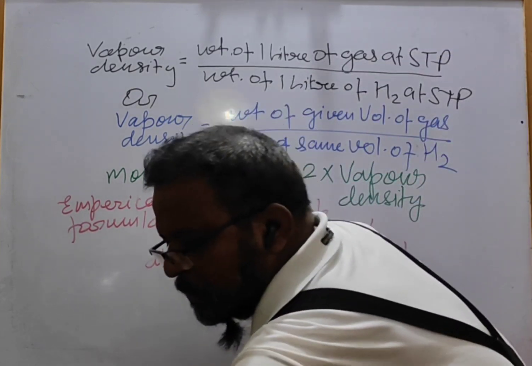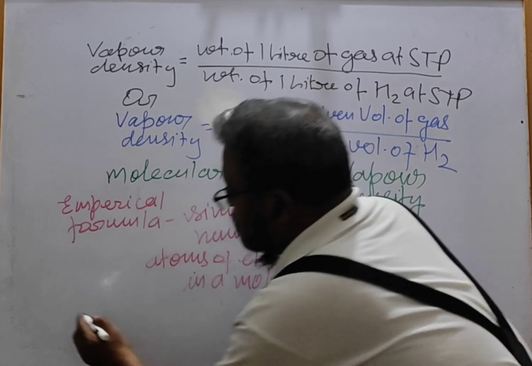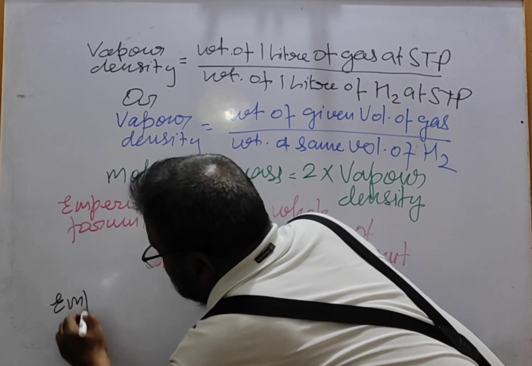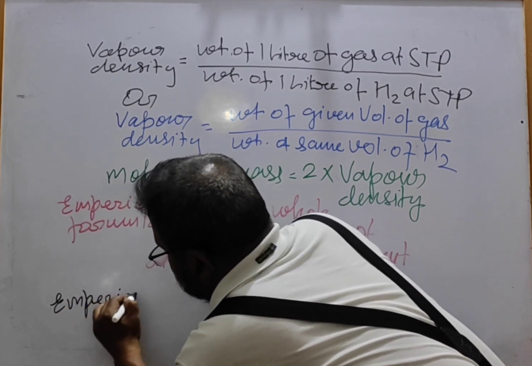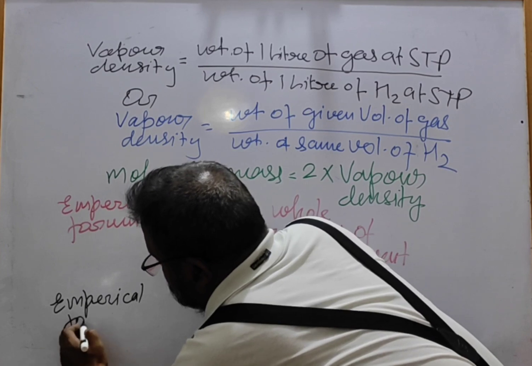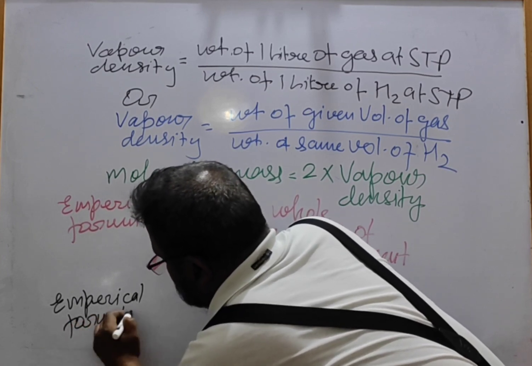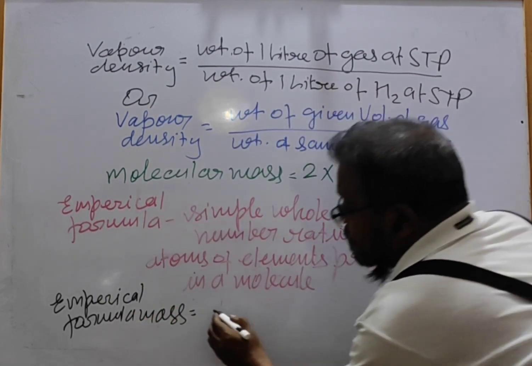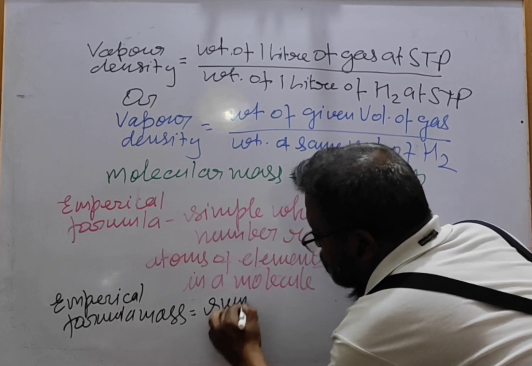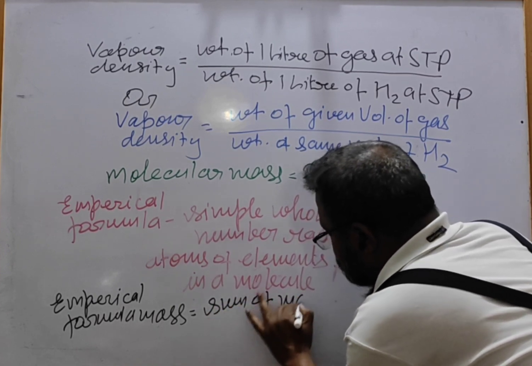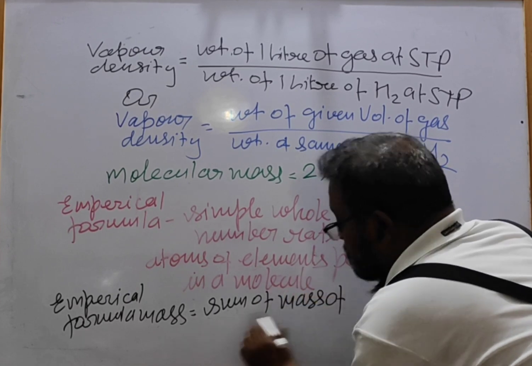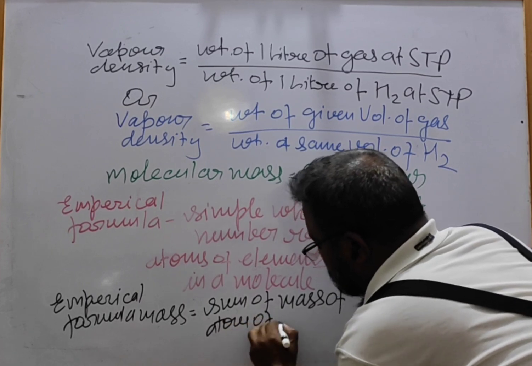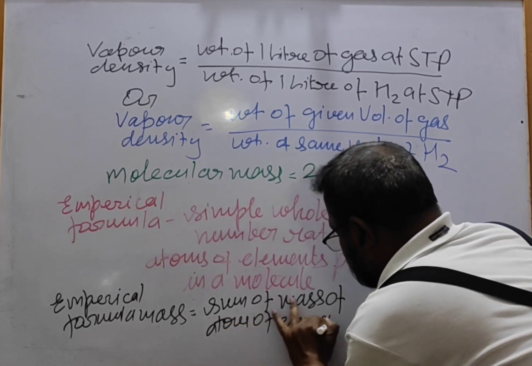And when we add their masses, so empirical formula mass is equal to sum of masses of atoms of elements, right?